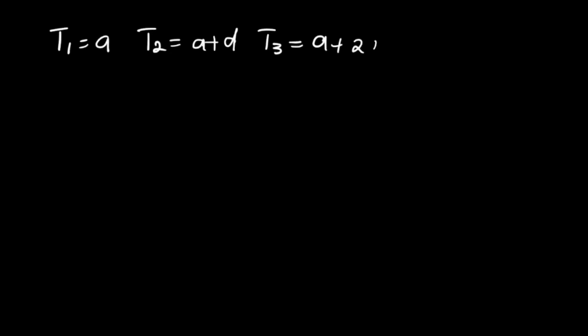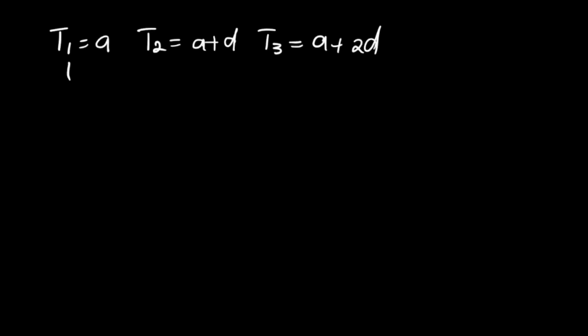Now we know our term number 1 is equal to a. Term number 2 is a plus d. Term number 3 is a plus 2d.